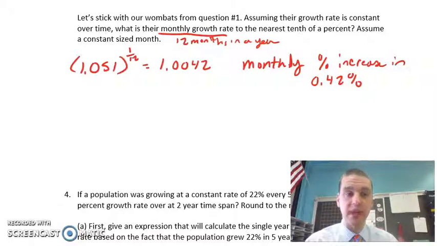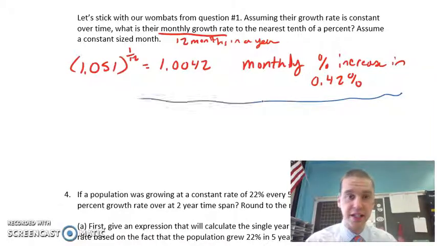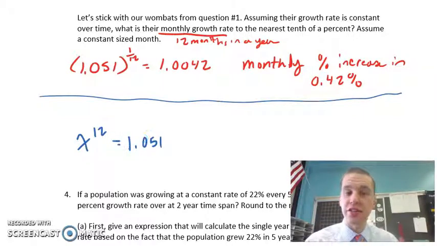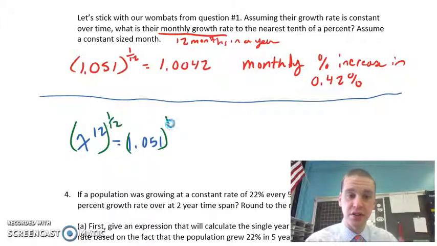Here's another way to think about it, if that did not necessarily make sense. We're looking for our growth rate to be x. If it's monthly, we know that we're going to raise it to the 12th to give us our yearly rate. We know our yearly rate is 1.051. Well, how do we get rid of an exponent? We raise it to the reciprocal.